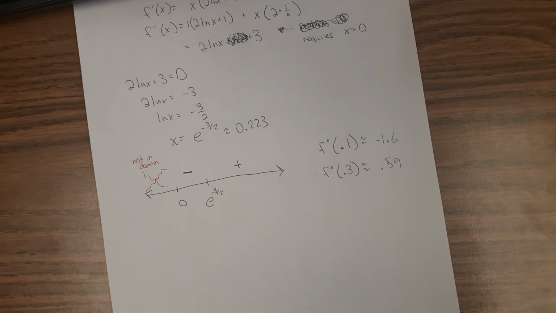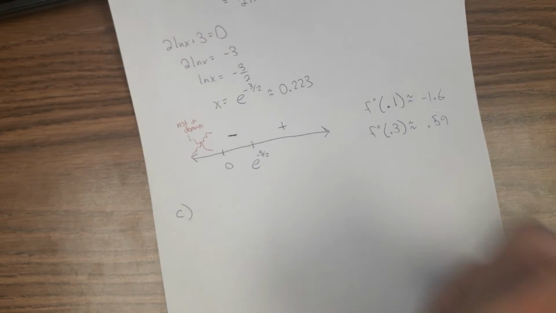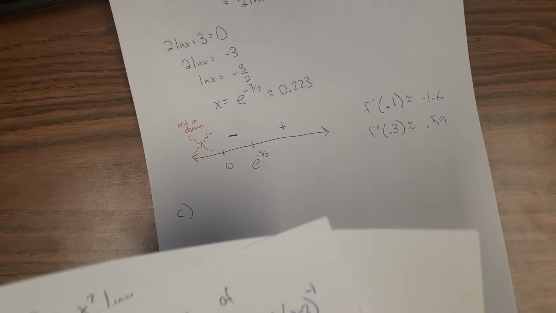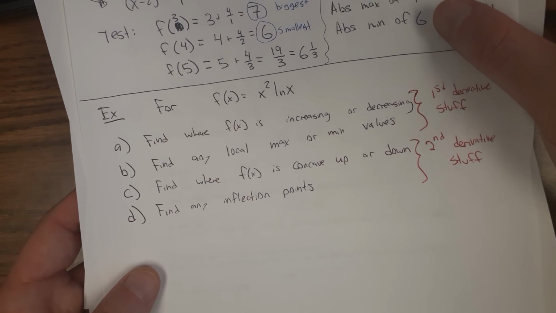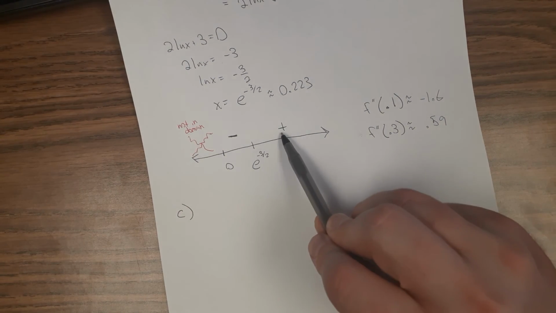Okay, so then let me draw my conclusion. If you recall, part C, where are the instructions? Part C was to find where it's concave up and where it's concave down. Concave down, concave up.